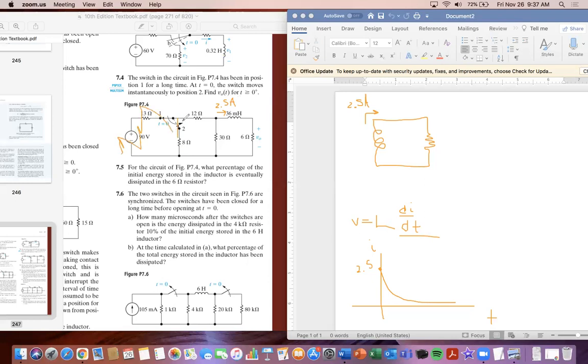The only source providing current is this inductor, until all that current is drained out of it, because it can't change instantaneously to 0 amps once you shut off that source, since there's a derivative here. And a derivative can't change like that because that's a divide by 0 error. So that's why it slowly drains out of the circuit. We saw when we calculated the equivalent resistance that it was 18 ohms. And so slowly it will become 0 amps.